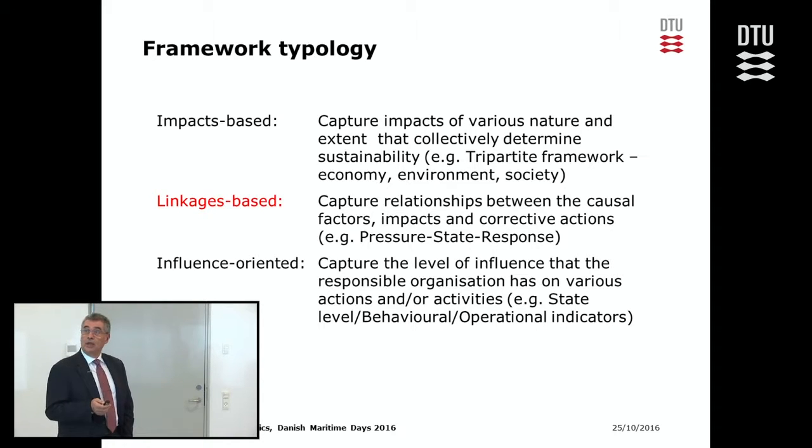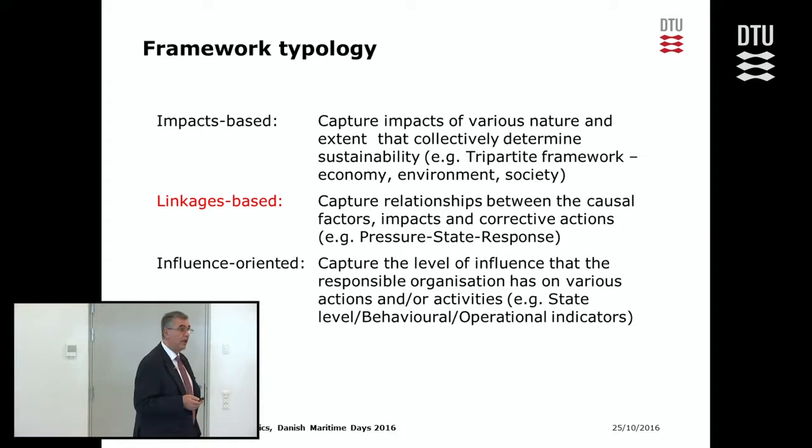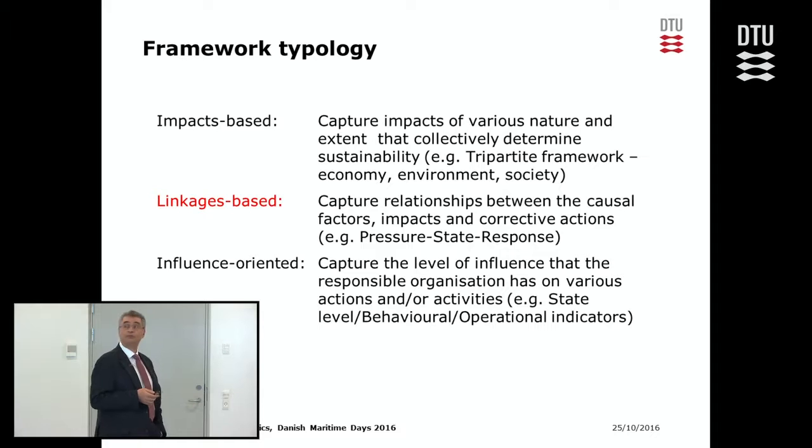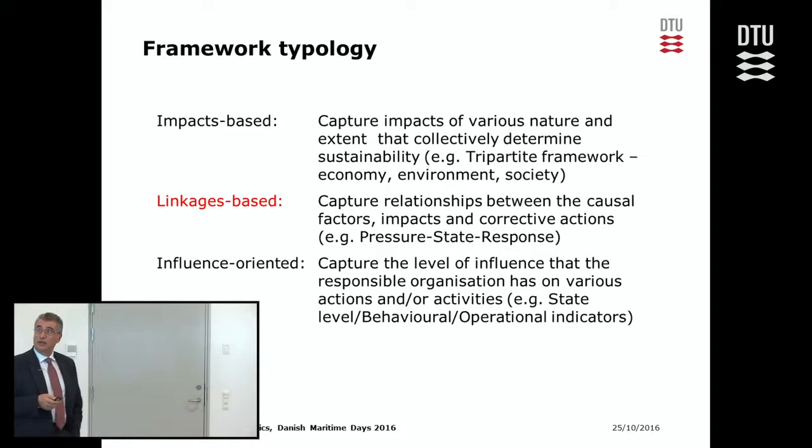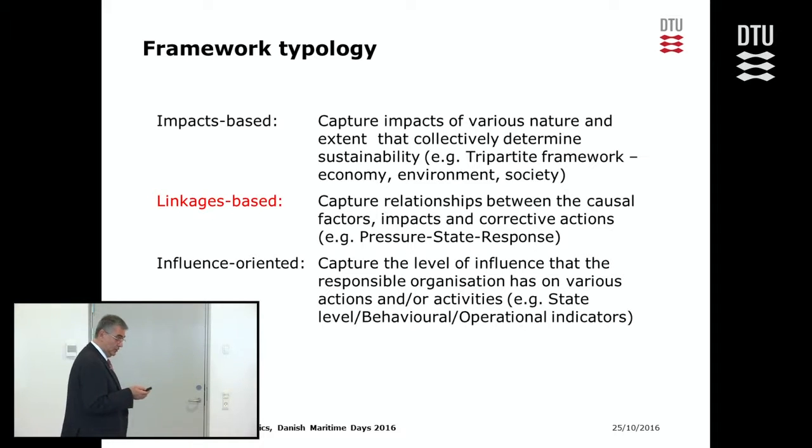framework. Then the next category goes one step further, and in addition to impacts, it also looks into the causal factors and corrective actions. The pressure, state, and response is one of these frameworks. We will discuss it in a while. That's why it is marked in red.